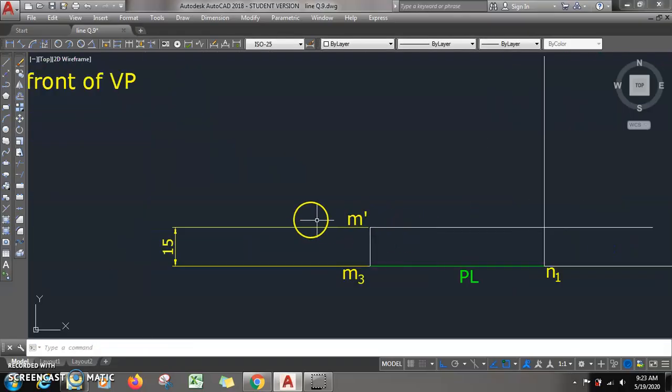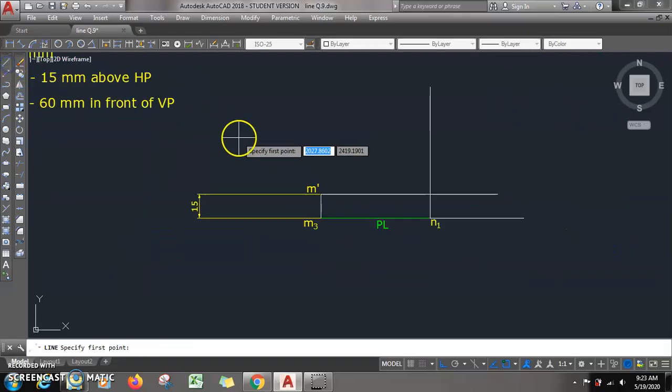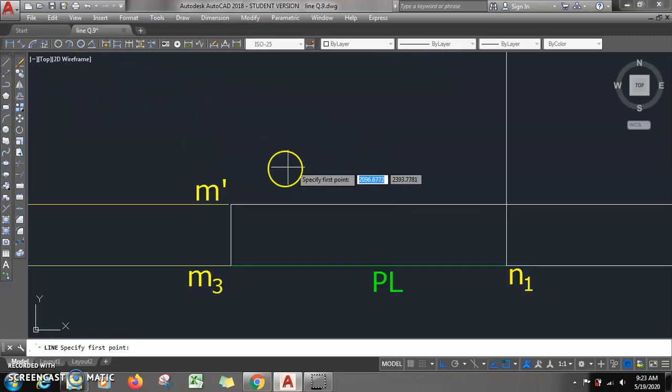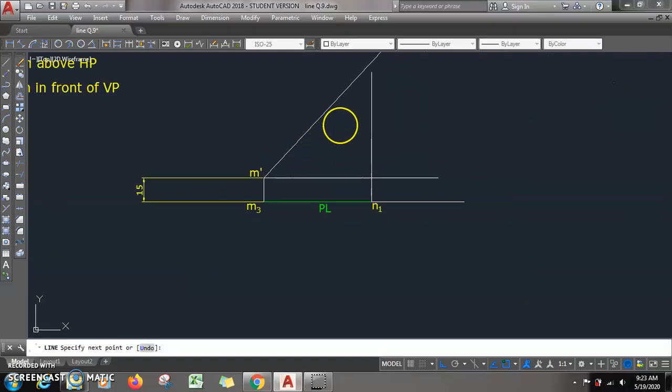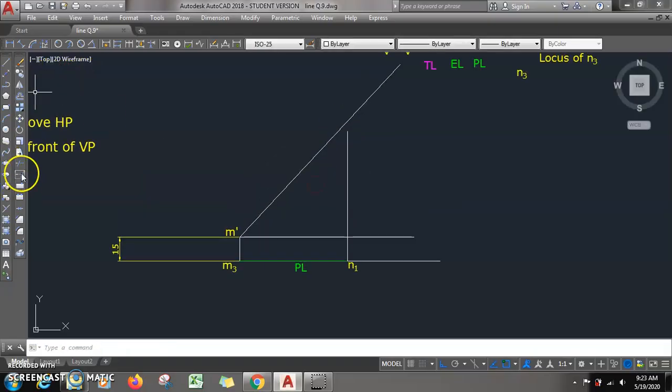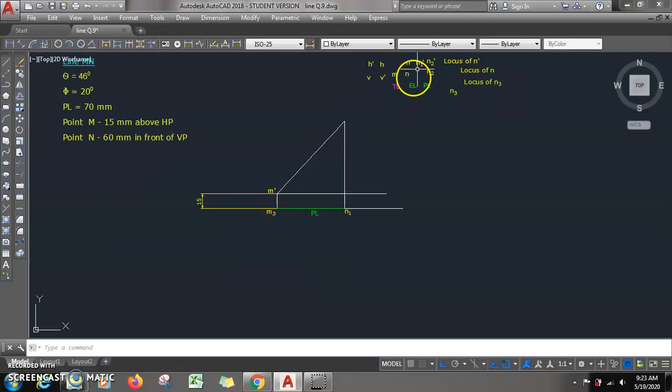From M dash, theta is 46, so I draw a line at an angle of 46 degree, with an approximate length of 150. I can extend this line up to the vertical and trim the excess line. The point I get is N1 dash.